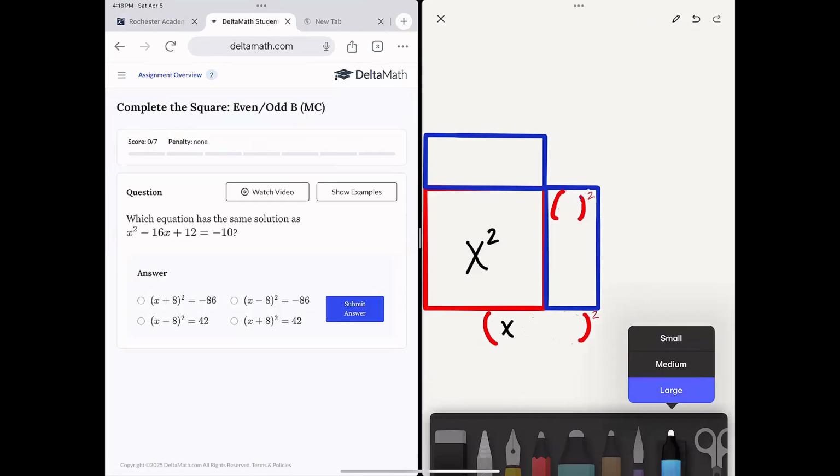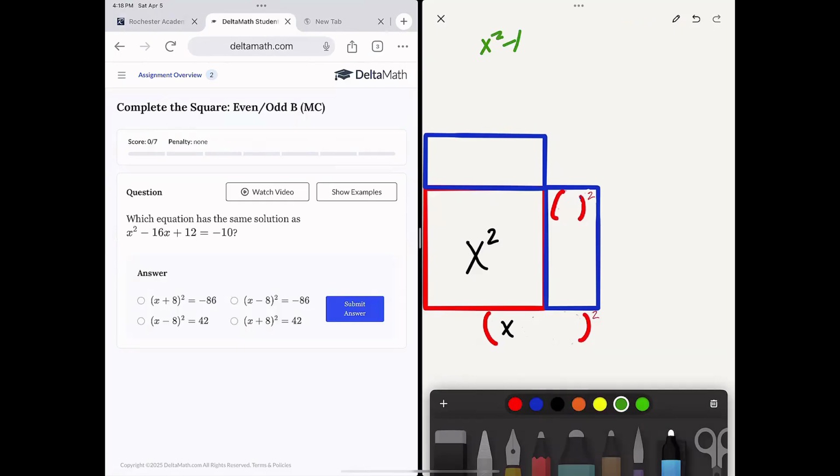All right, so the very first one I have is x squared minus 16x plus 12 equals a negative 10. Now I'm going to move the constant to the other side, so I have x squared minus 16x equals a negative 22. Now I need to get this into the completed the square form.